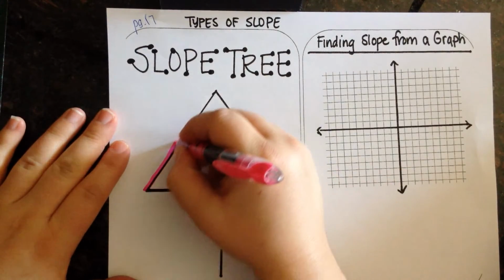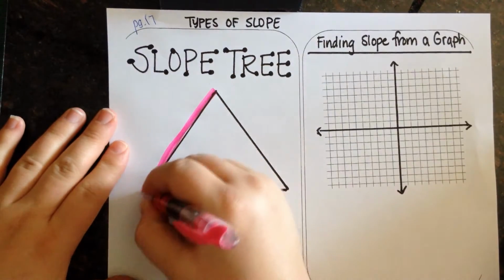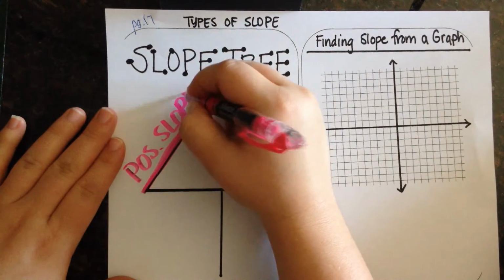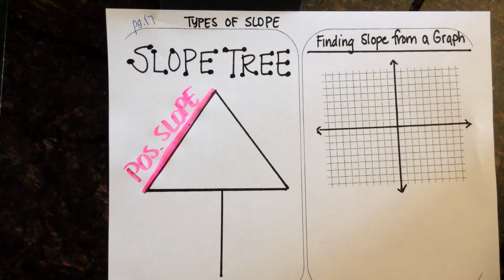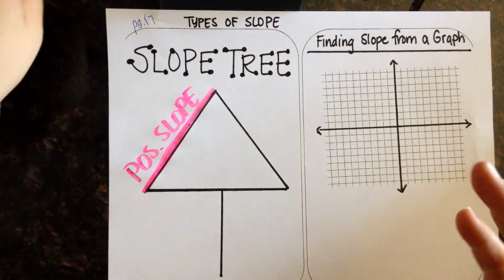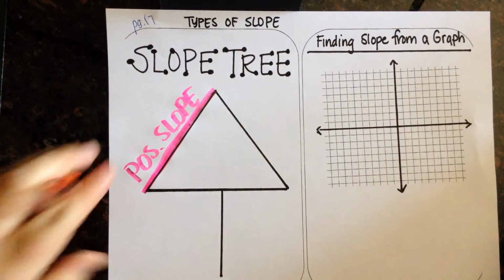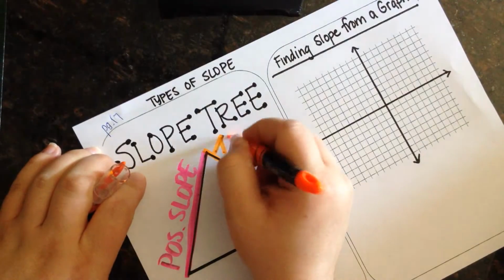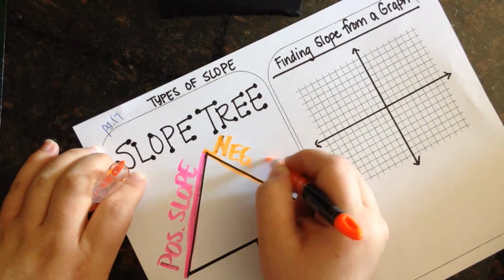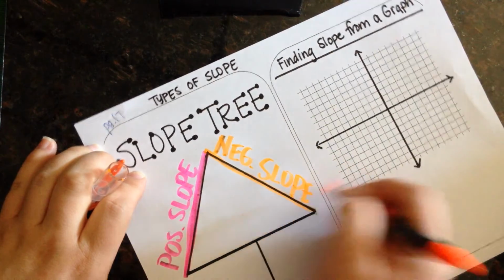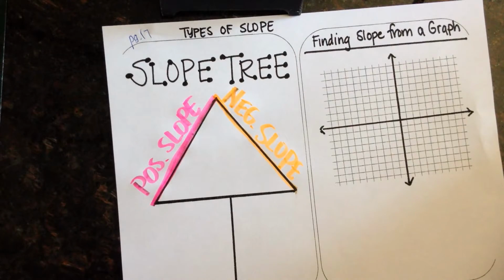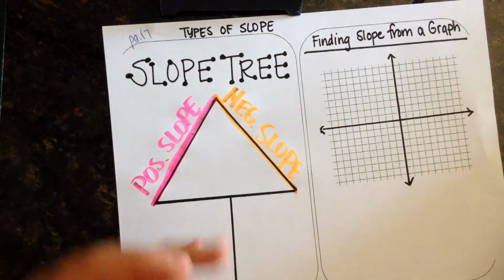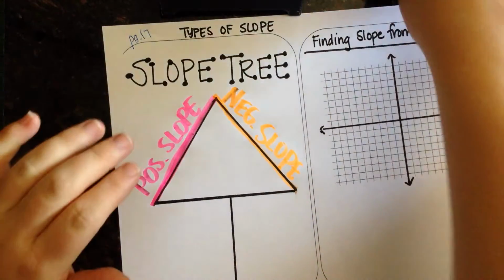And so positive slope is going to be anything that looks like this in the positive direction. Positive slope. You can abbreviate, you can write out the whole word, it's up to you. Negative slope. And so if your graph is in that direction, you should have a negative slope. It could be a negative fraction, it could be a negative number, it could be anything like that.